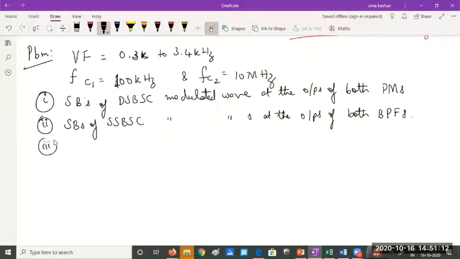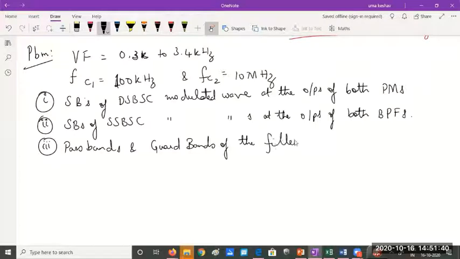Third one, the pass bands and guard bands of the filters used.